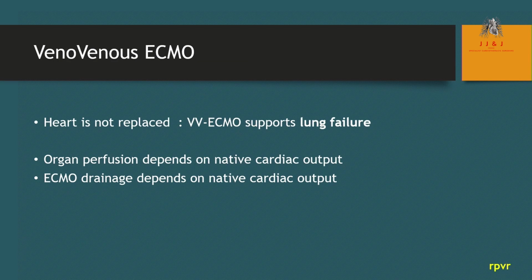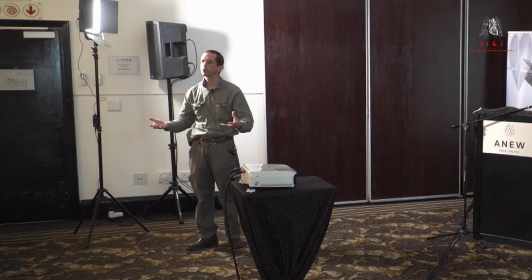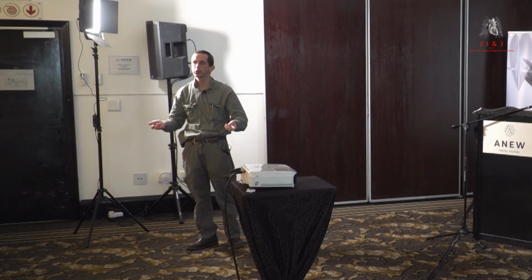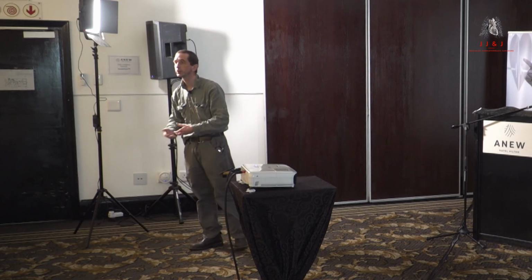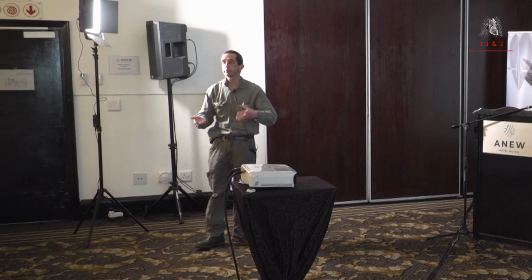I'm going to focus on having a patient who's on veno-venous ECMO, a patient with lung disease where we're predominantly trying to support oxygenation. Because in that patient, when the heart stops beating, you've got a major problem. In theory, at least, when you're on veno-arterial ECMO, you can always take over the heart flow, even though you still have to try and get the heart going, but you've got a bit more time.